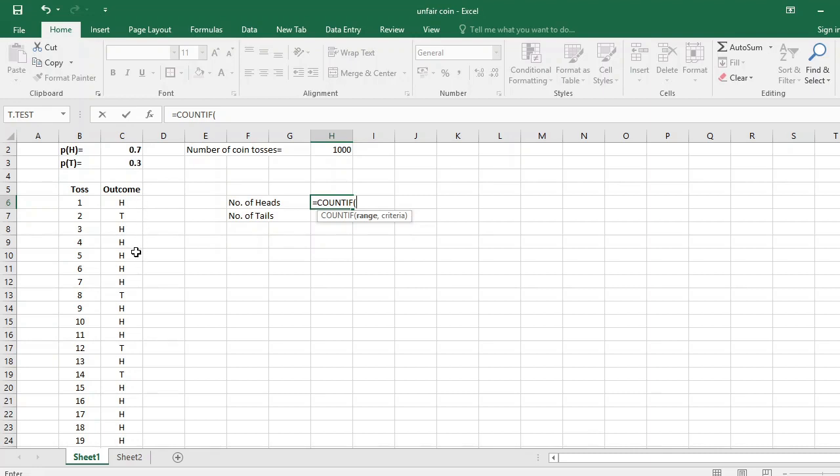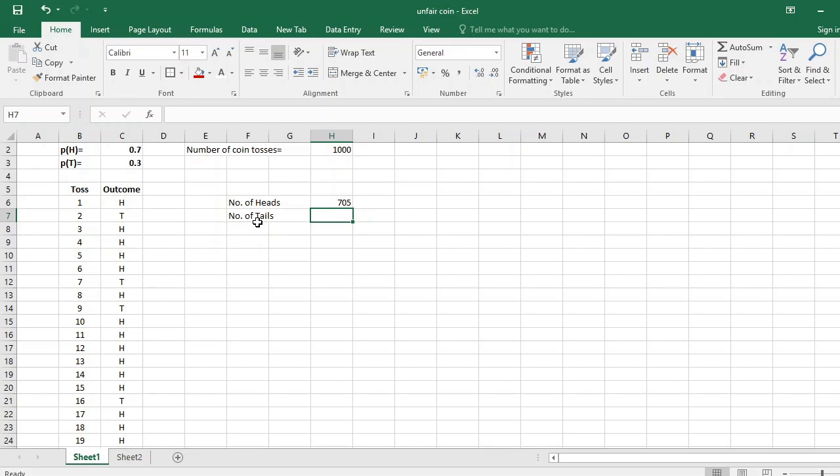So the range is $6 to, with a colon, $1005, because that's where the last entry is, and what we are looking for is H. Let's run this. Okay, so we have 705 heads in this particular experiment, which has 1000 coin tosses.